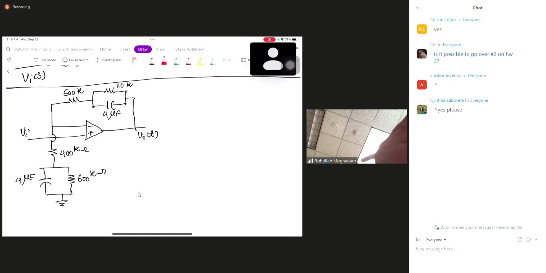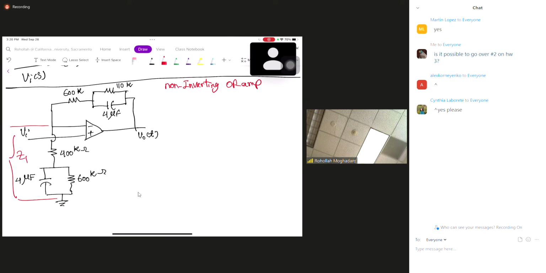So we do have a non-inverting op amp. Now, you know that in a non-inverting op amp, 2 impedances are so important. The first is what we see from here, which is Z1, and the other one is the impedance that we have here as Z2. So we need to find Z1 and Z2 and then try to find the transfer function.